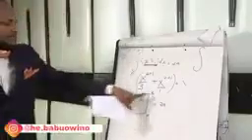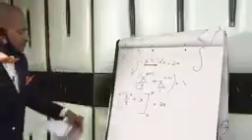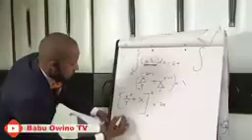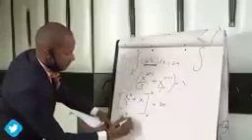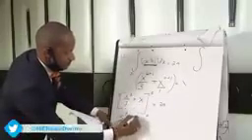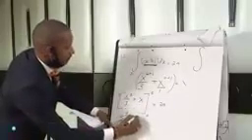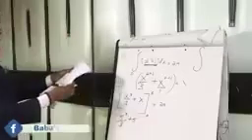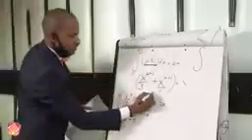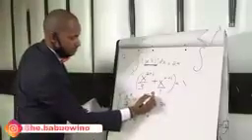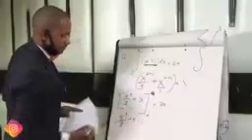Again, just replace where there is x. In this case, it is not 5, it is a, sorry. This is a and 0.